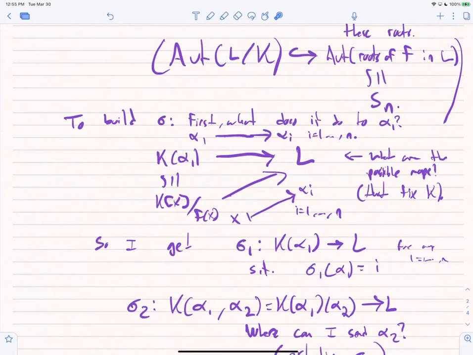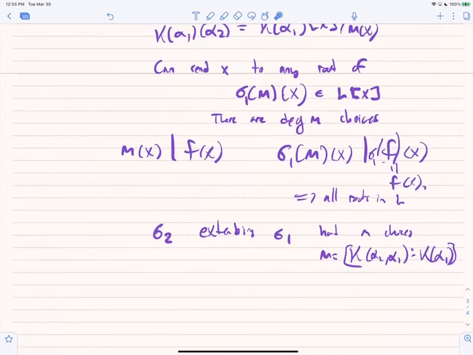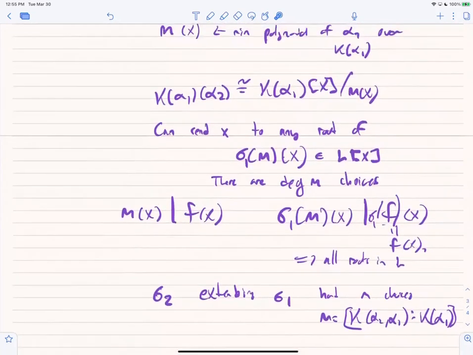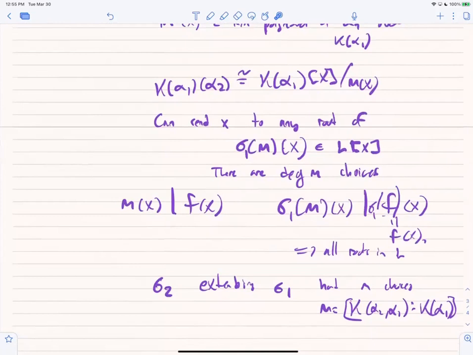Otherwise, we'd have fewer than the degree of F cases. But in the separable case these are all distinct, so we have exactly degree of F choices. So the number of options we have for building our automorphism is the same as the degree we're going up. And then we repeat. The number of choices we have for extending our automorphism to a new one is the same as the degree of M, which is the degree of this extension.